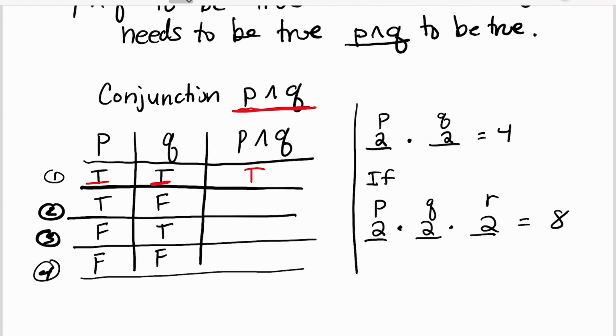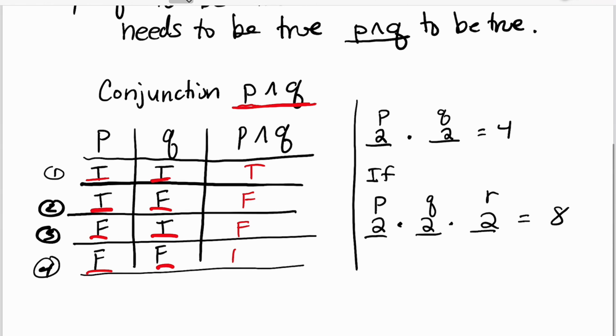But if you notice, in all the other options, if I look row by row, there's at least one false in there. The second row has a false, the third row has a false, and in the fourth row, both P and Q are false. So for the second row, if P is true and Q is false, P and Q has to be false because they both have to be true individually for that conjunction to be true. So the rest of these are all false. And this is what our truth table looks like for a conjunction.